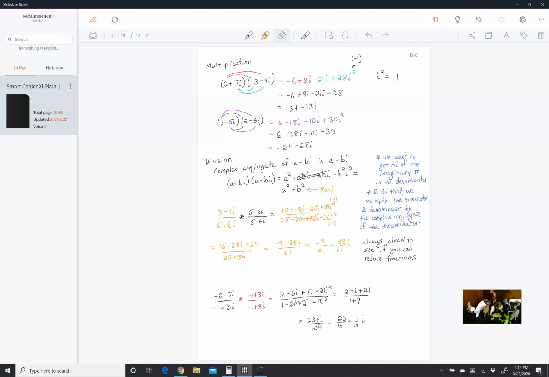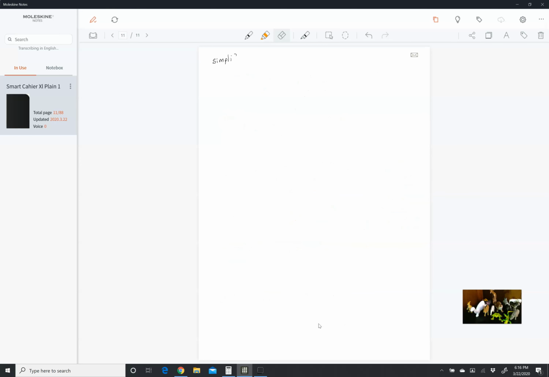Okay, the very last thing with imaginary numbers is simplifying high powers of i. Okay, so there's a pattern here. i to the 0 is 1. i to the first is i. i squared is negative 1. i cubed is negative i.